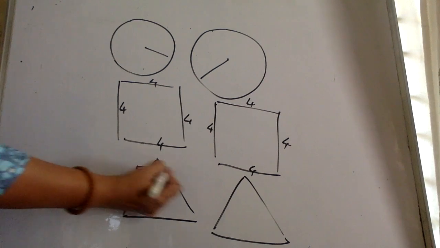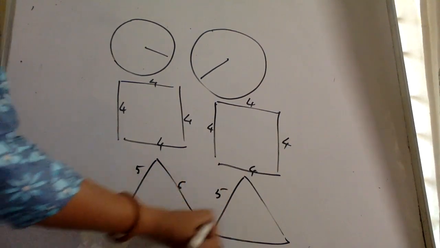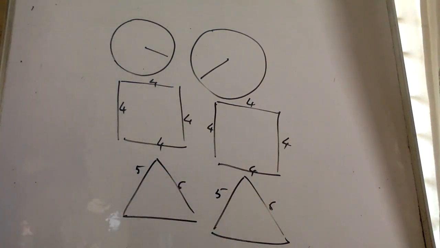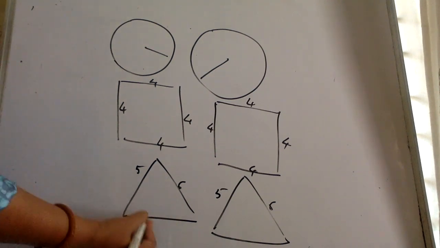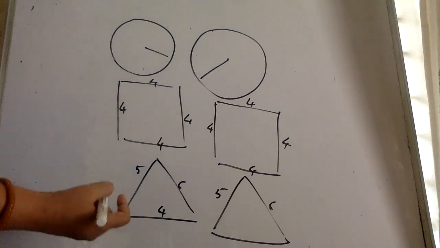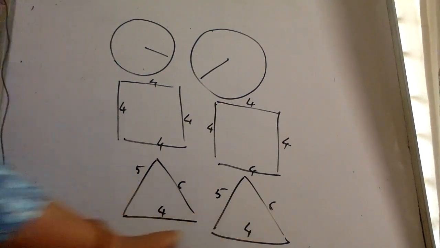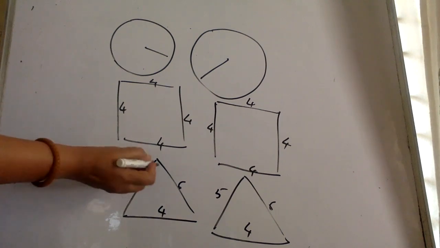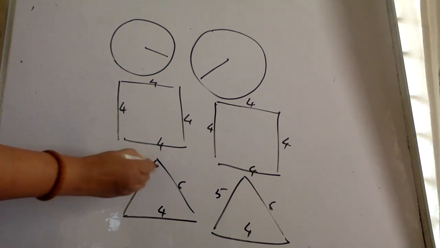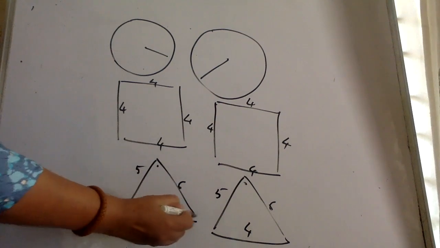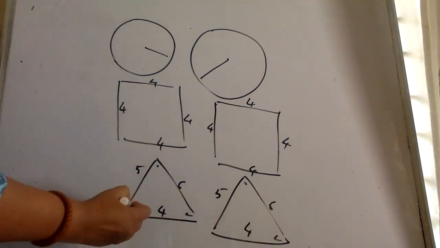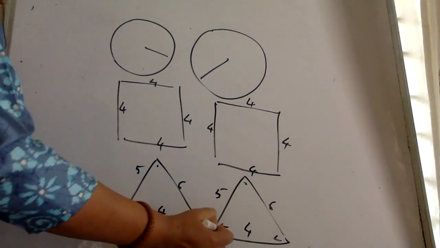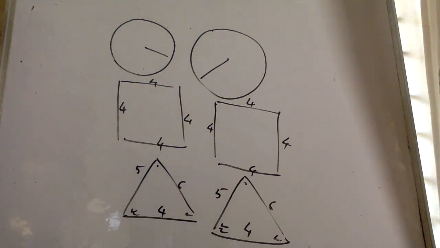That is, if this is a 5, this has to be 5, this is 6, and say this is 4, then this too has to be 4. Not just that, the sides have to be equal and the angles: this angle has to be equal to this one, this angle equal to this, and this angle equal to this angle. Then these two triangles are also congruent triangles.